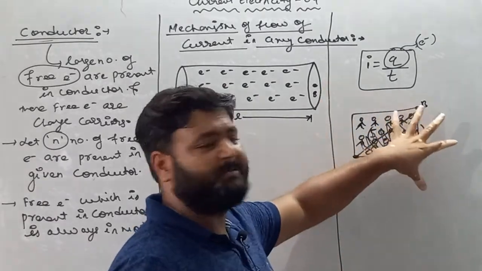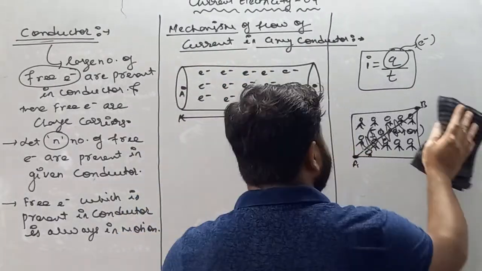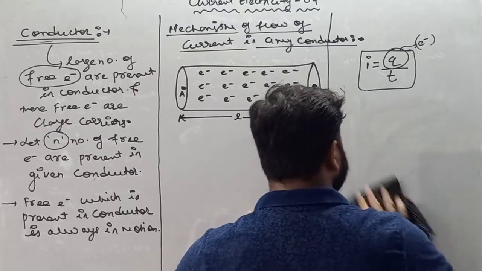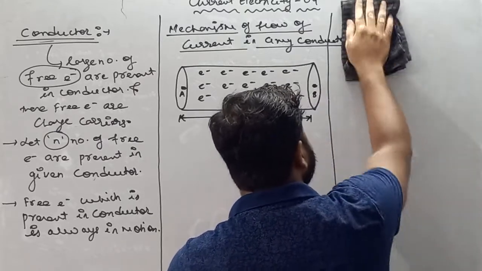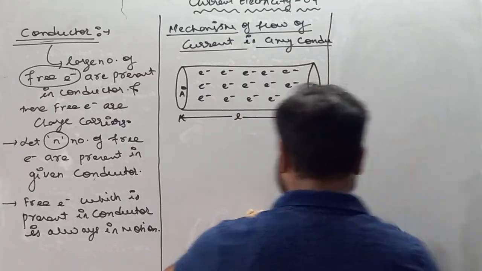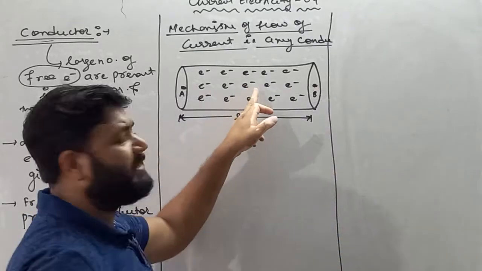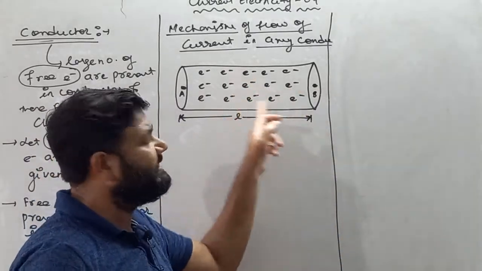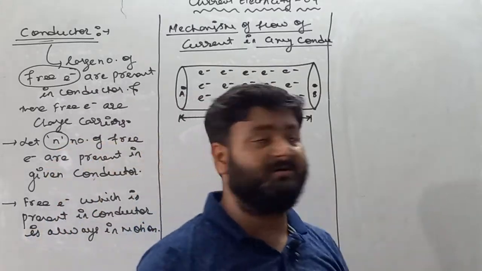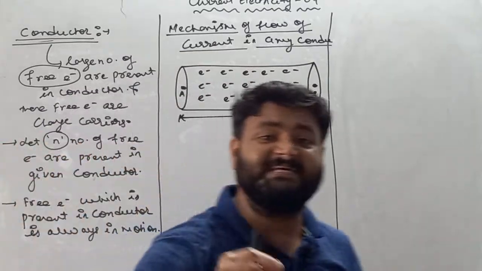Now apply this principle here, as we know that a conductor carries a very large number of free electrons, and free electrons are always in motion, my dear student. Free electrons are never at rest. So see, as the number of free electrons in the conductor is very high, hence the motion of these free electrons present in the conductor is always zigzag.